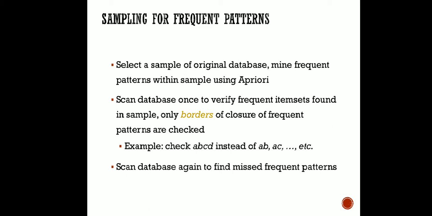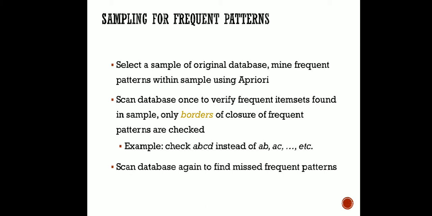After applying Apriori to that sample database, we can come up with the frequent item sets. Then with the help of those frequent items, we are going to scan the whole database, but only the borders. If we check the ABCD pattern, it is going to cover all the subsequences.